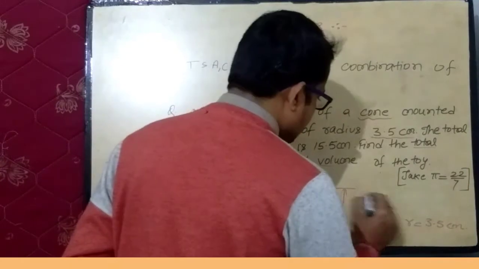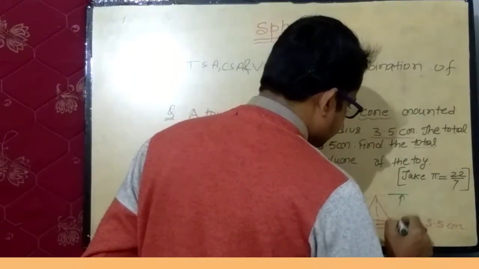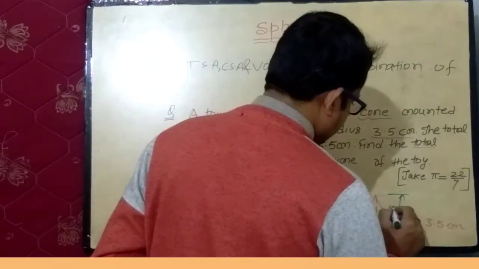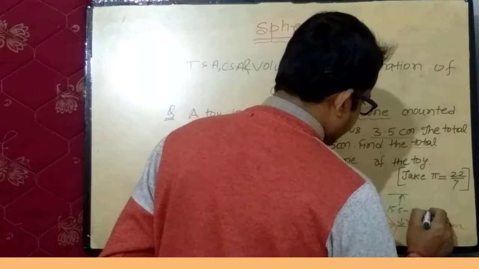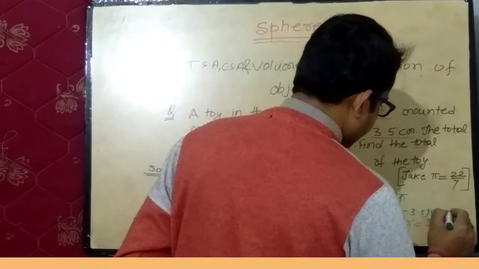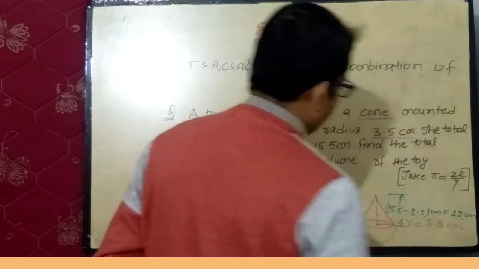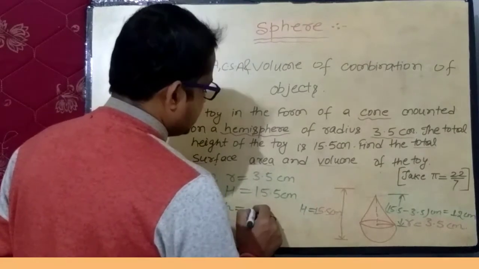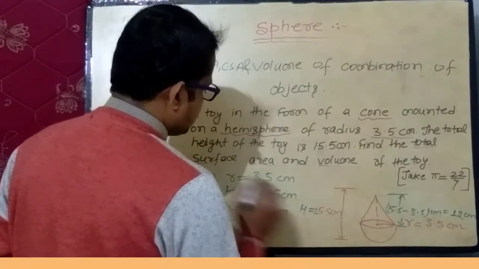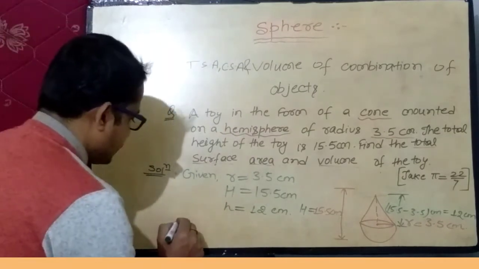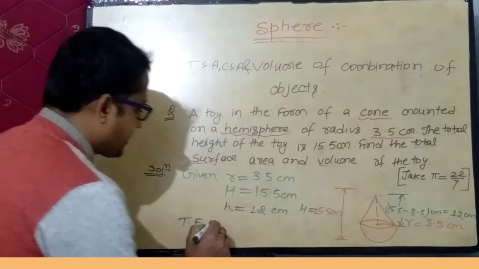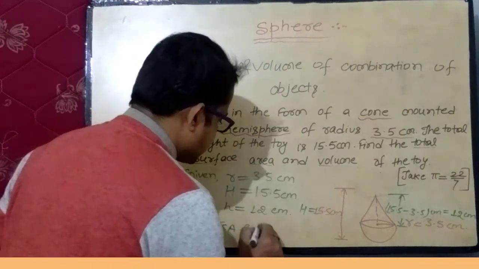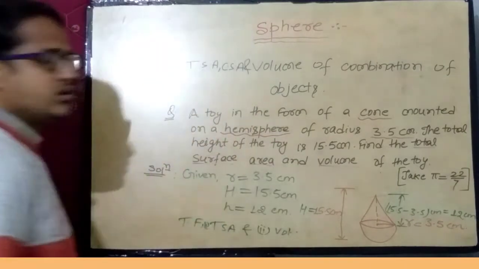Now what will be the height of this cone? This is equals to 15.5 minus 3.5 centimeter. You get 12 centimeter. So small h, which is the height of this cone, that is equals to 12 centimeter. Now what you have to calculate to find? First portion is TSA and second portion is volume of toy.